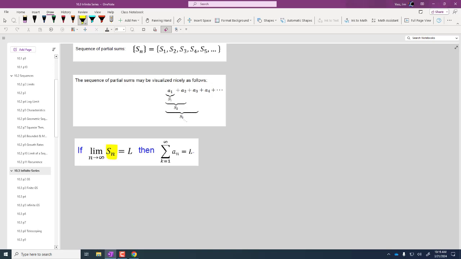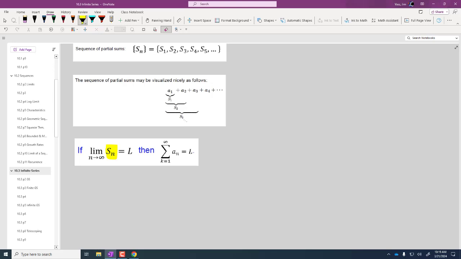Now again, what I mentioned last time, which I'll say again because it's so important, most series will not be friendly. Most series are like piranhas, and they will not allow the formulation of an S sub n. We can't get our hands on an S sub n. If we can get our hands on a function that represents the S sub n sequence, all we have to do is take the limit.